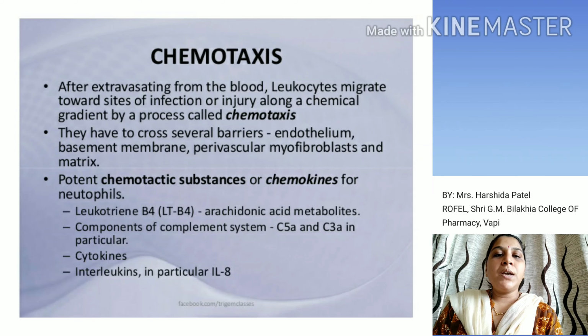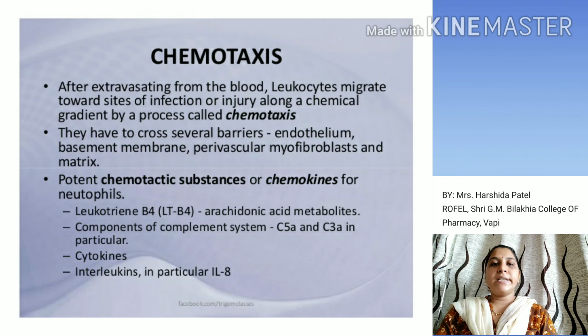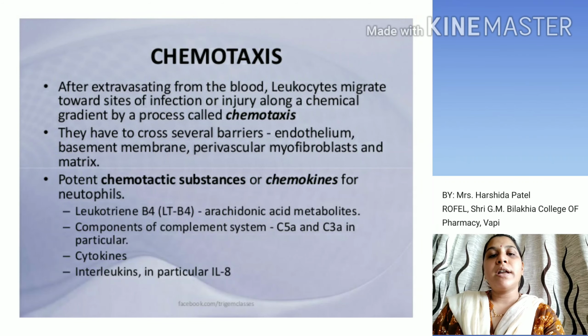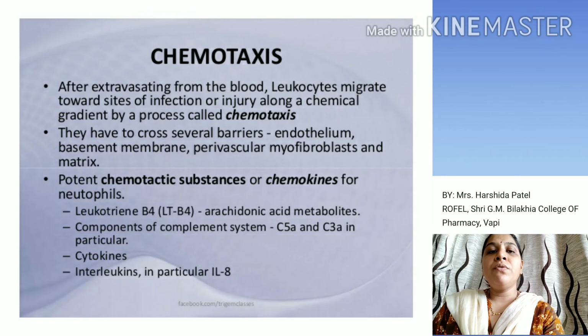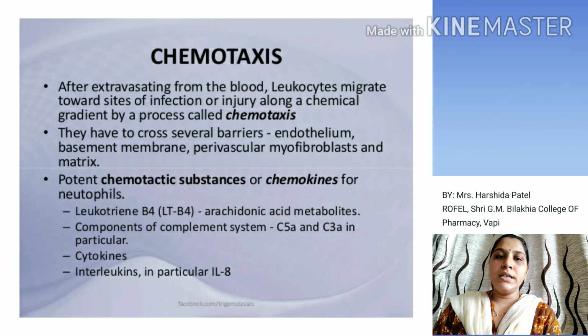Some of the chemokines that are helpful are leukotriene B4, components of the complement system, that is C5a and C3a, then cytokines, then interleukins. In particular, interleukin 8 is helpful in chemotaxis. With this, the first portion of the cellular event is over.